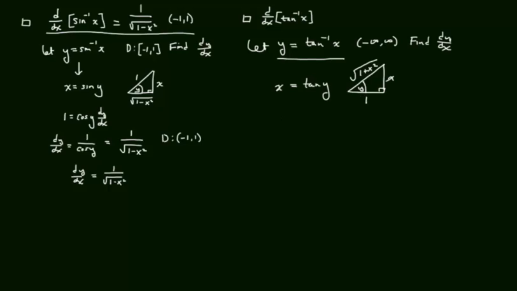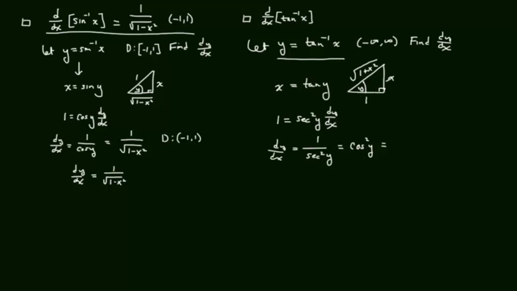Now we do our implicit differentiation. So 1 equals the secant squared of y times dy dx, and dy dx will equal 1 over the secant squared of y. Or we can say equal to the cosine squared of y.